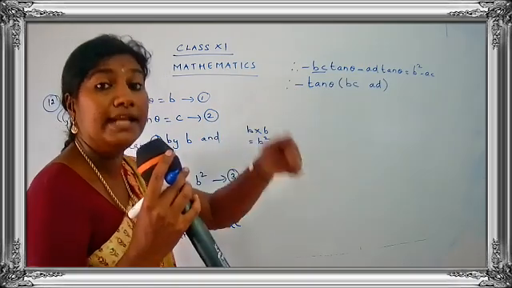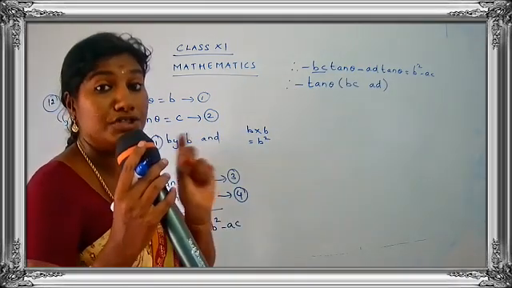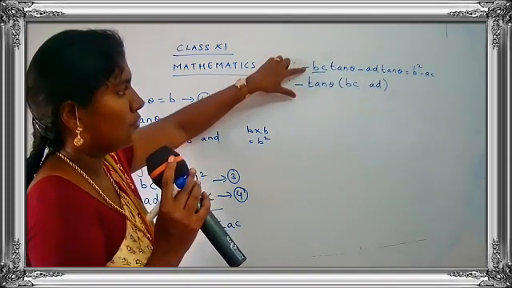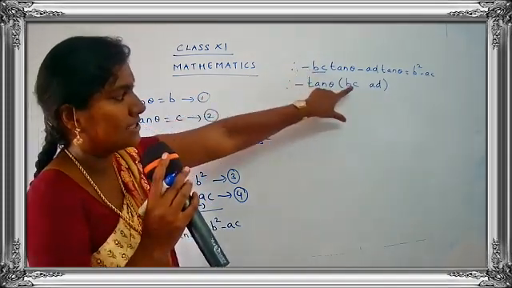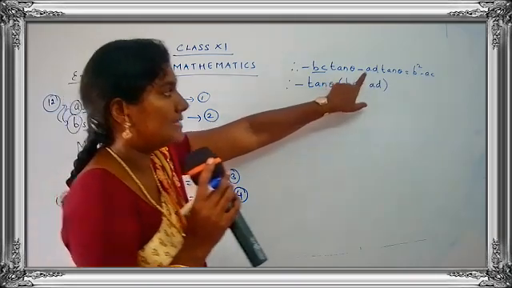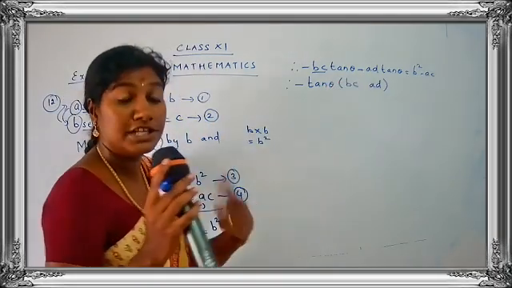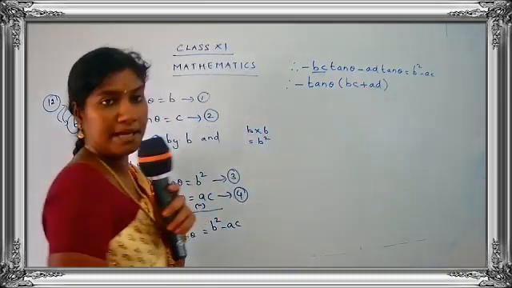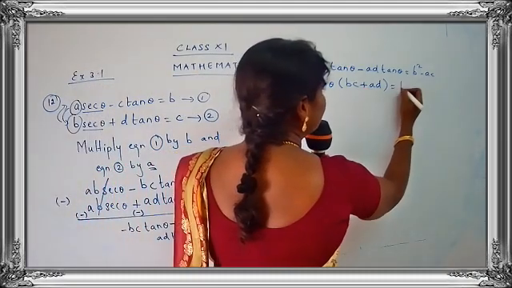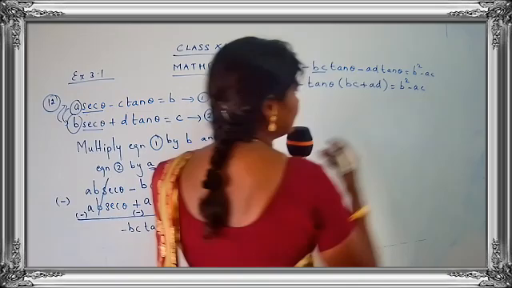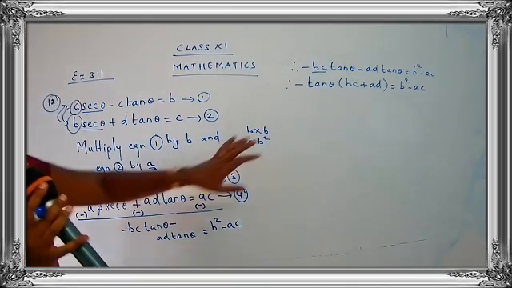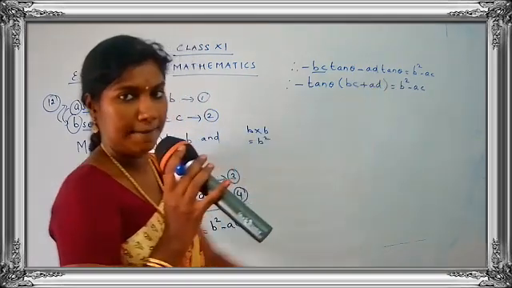So when you take the minus sign common, you have to change the sign. Remember to change the sign. So minus BC is turned to plus BC. And in the same manner, minus AD will change to plus AD. So you get BC plus AD is equal to B square minus AC. The RHS part is as it is. No need to worry about the RHS. You have to keep it the same.